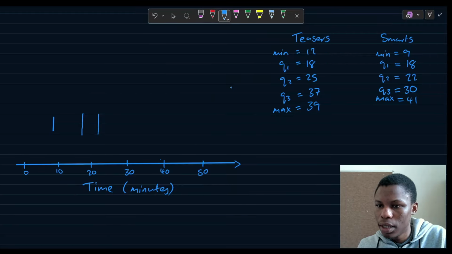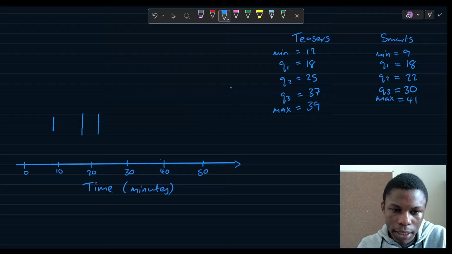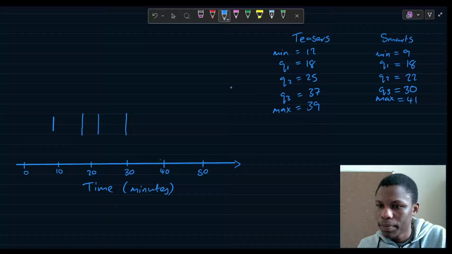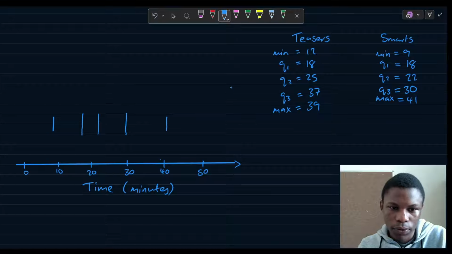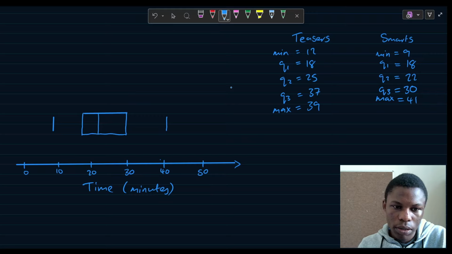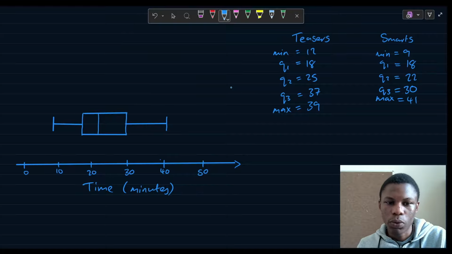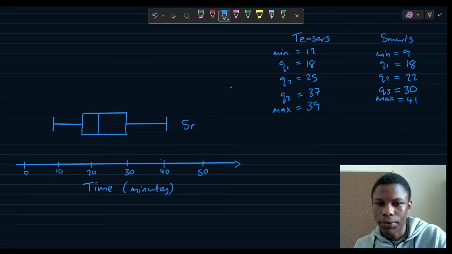Then Q3 is at 30, so bang on at 30. Then our maximum point is at 41, so just slightly over 40. Now the box: join your lower and upper quartile, and then go all the way to the maximum and all the way to the minimum for your whiskers. And this is for smarts.